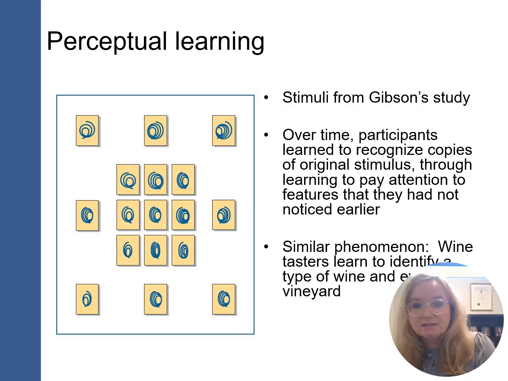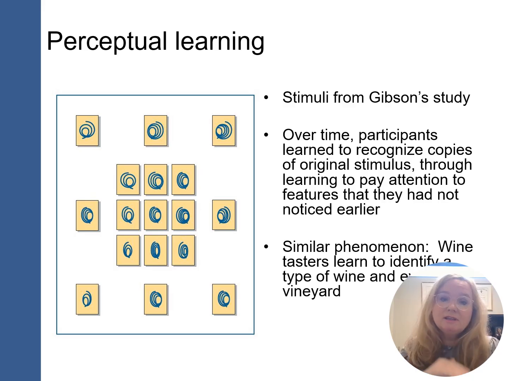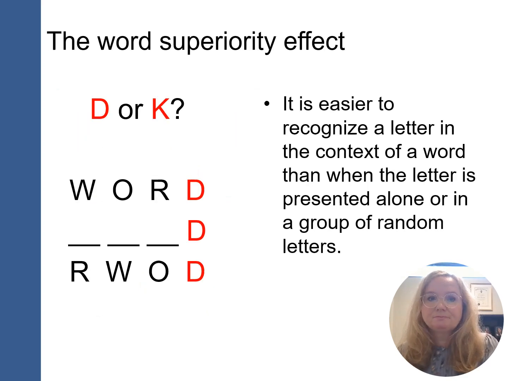Likewise, when you first see these squiggly lines, you're not going to be able to tell very much. But then over time, if you get exposed to these stimuli over and over again, you realize that some little squiggly lines go to the left or to the right, or there's more circles or less circles, and you learn to pay attention to those details.